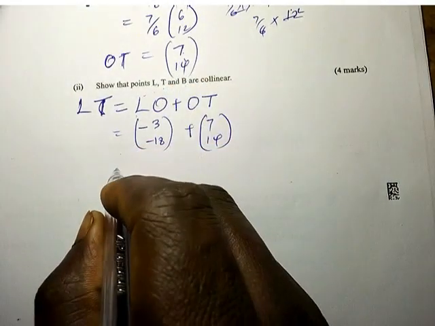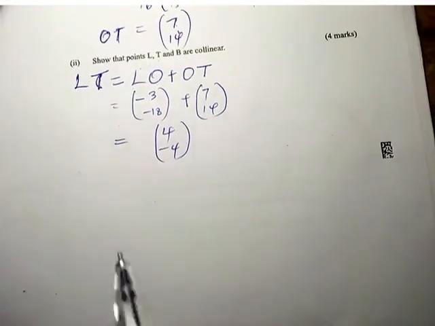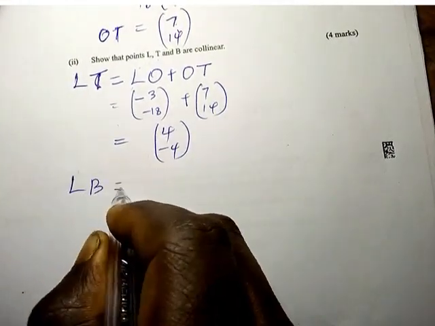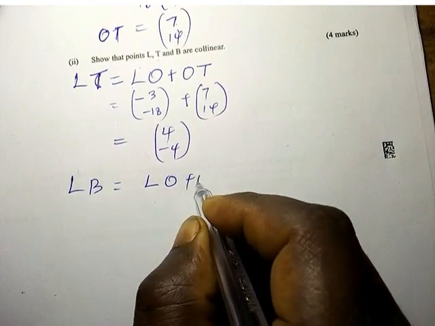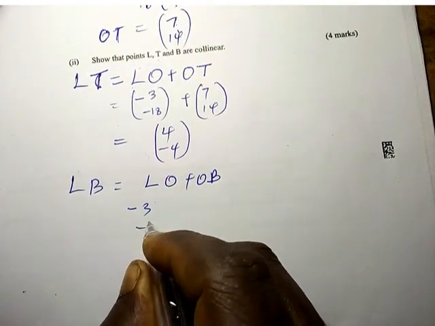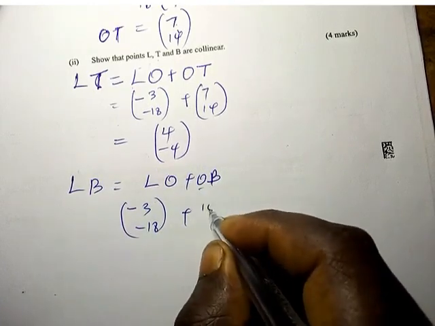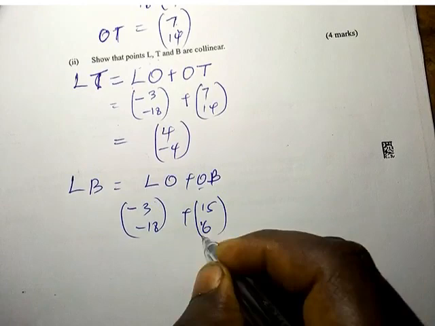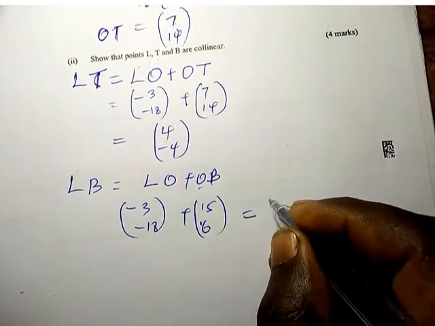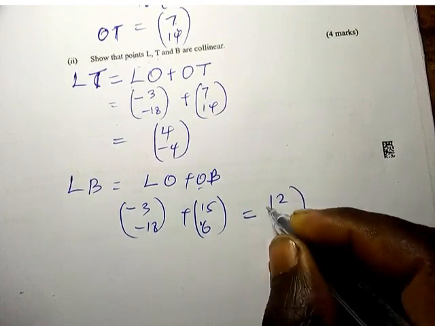And the answer is (4, -4). You can also get LB equal to LO plus OB, which is (-3, -18) plus OB, which is (15, 6). And this one gives us (12, -12).